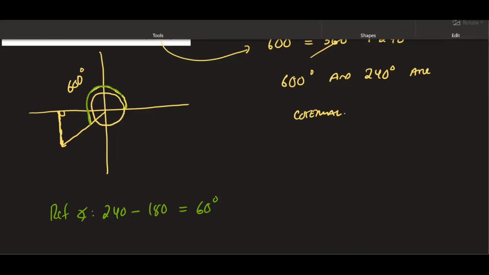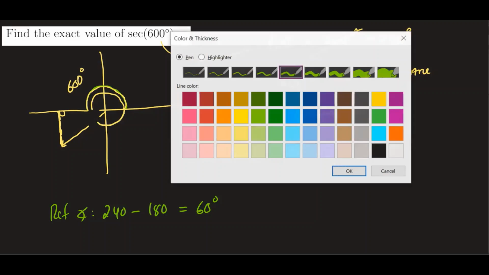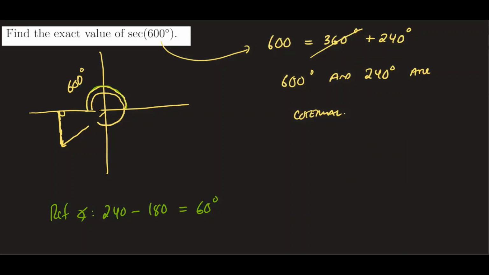So the triangle we're going to draw is 30-60, since that's the one we're looking at. So I'm just going to fill this in. This is 60, so this is 30. So across from 60 is radical 3. Across from 30 is 1. And then this is going to be the hypotenuse.